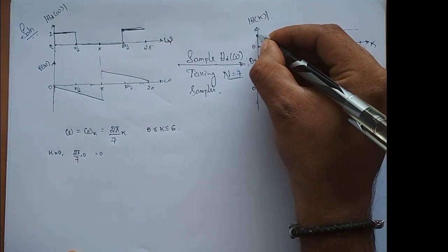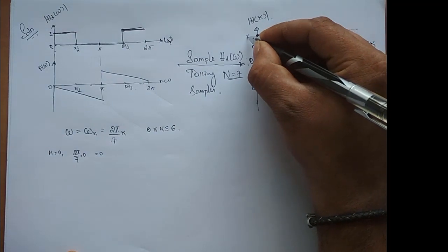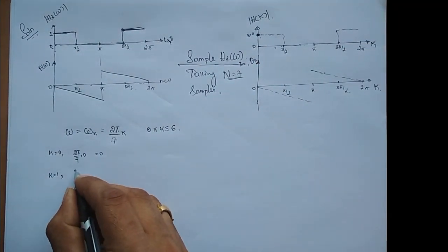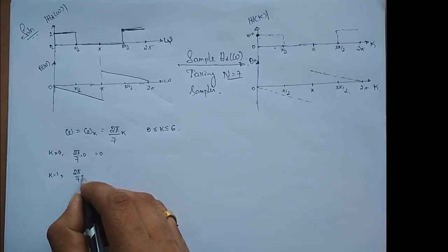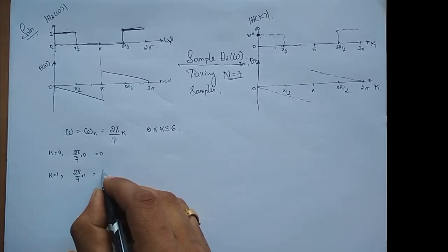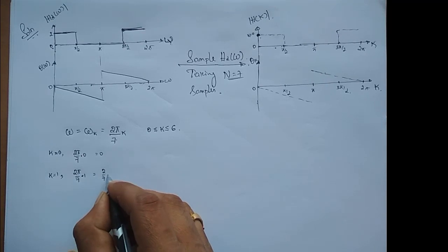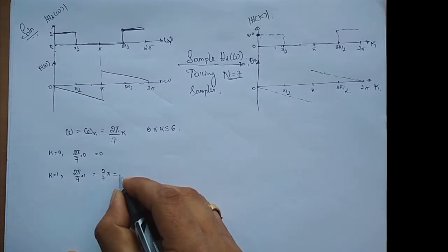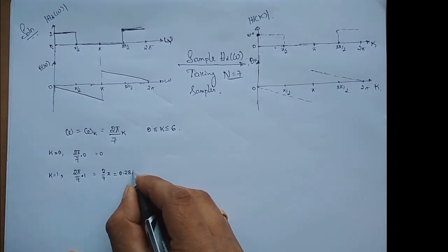This is the sample at k equal to 0. For k equal to 1, what do we have? 2 pi by 7 into 1, which is 2 by 7 times pi, and the fraction we get is 0.28 pi.